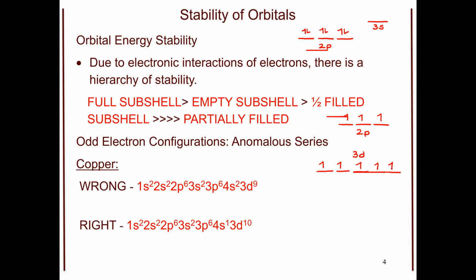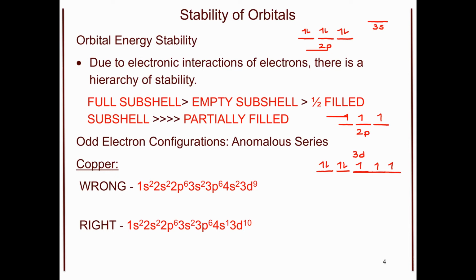The worst case scenario is what we call partially filled. These are any combination of electron pairing in which we do not have a balance. One way we can look at that is if I go to my 3d subshell and put 2 more electrons. Notice that I have 2 that are paired and 3 that are not.